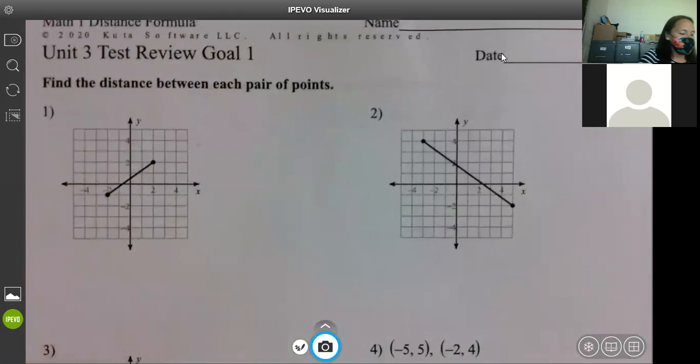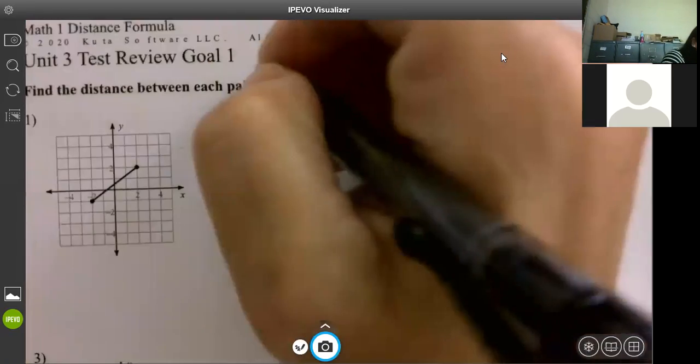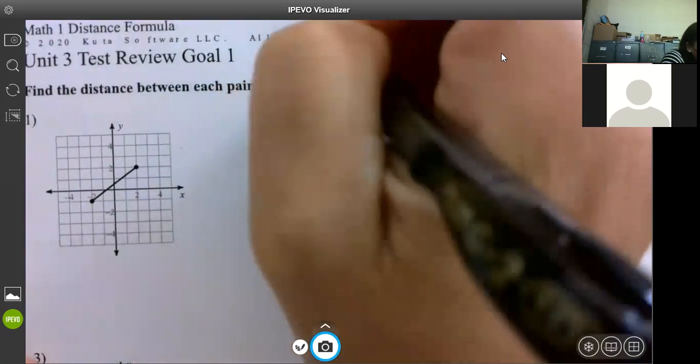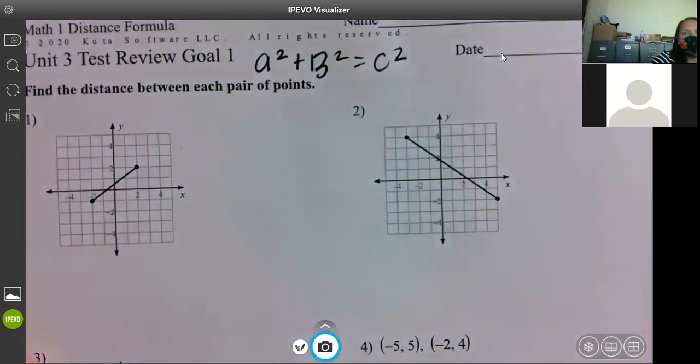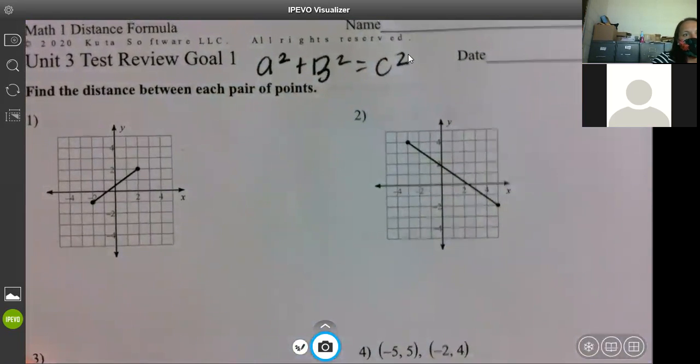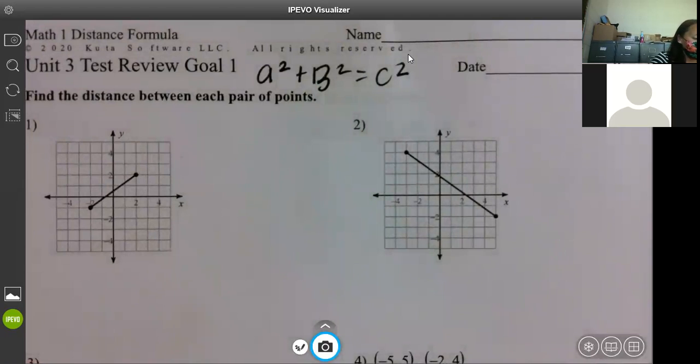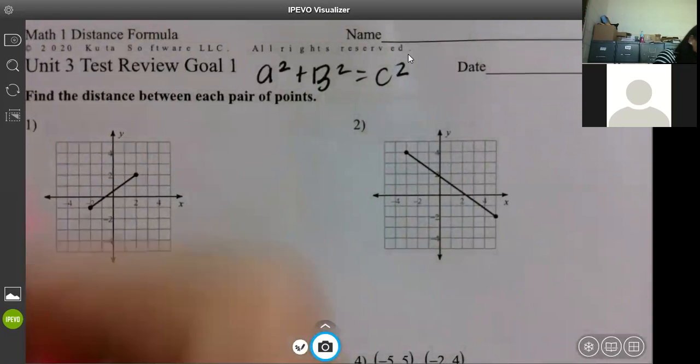So the first one is distance. Remember, for distance, we do a squared plus b squared equals c squared. So we draw our triangle like we did for slope, our rise over run.